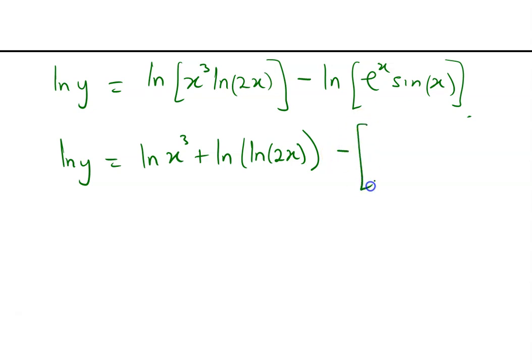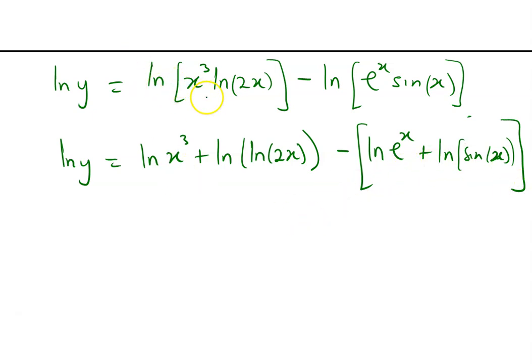Minus, into bracket, ln e^x sin x plus ln of what? Sin x. Very good. So let me put this in the bracket, and also we have a big bracket over here. Yes. So that is it.